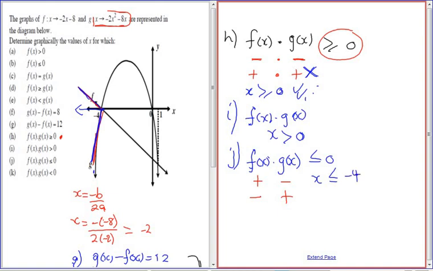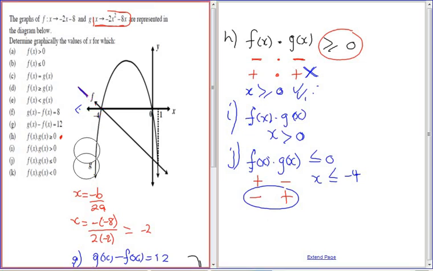Let's find out if we have a situation when this is satisfied. Well, when is f(x) smaller than 0? Let's remove what we highlighted before so we don't confuse ourselves. When is f(x) smaller than 0? It's this whole part. What we need is the time when g(x) is doing the opposite.